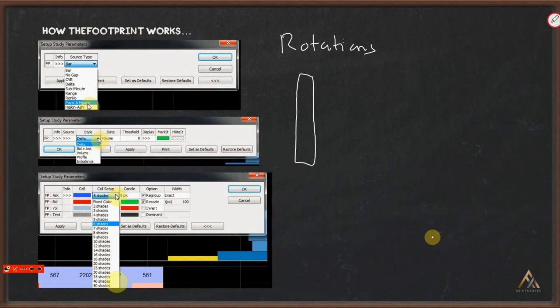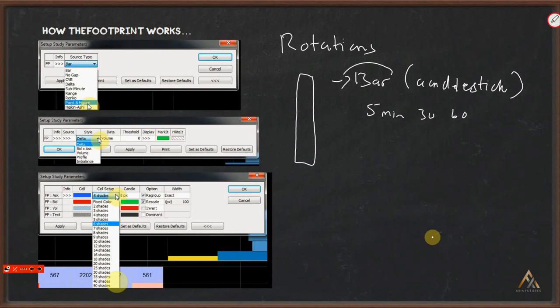Now, you can choose to set this rotation to bar, a typical bar time frame, which is nothing other than a normal traditional candlestick time frame. With bar type rotations, you can set the time to 5 minutes, 30 minutes, 60 minutes, daily, monthly, whatever you would like. You can effectively create a time-based rotation with the setting bar, as we can see in the example on the left.